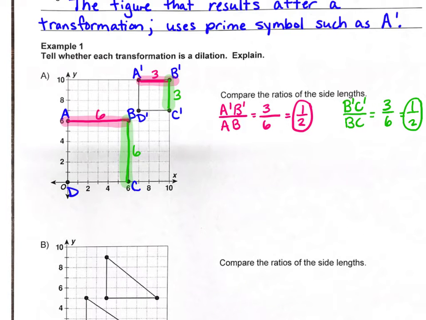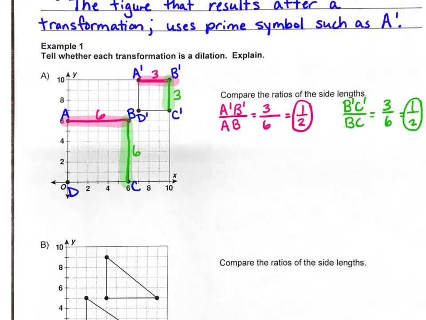I could go through and check these others, but what kind of figures do I have here if all my sides are the same on this figure ABCD, and it's at 90-degree angles, and all the sides are the same on figure A prime, B prime, C prime, D prime, and they're all right angles? We're dealing with squares. They are the same shape, but different sizes, so this is going to be a dilation.